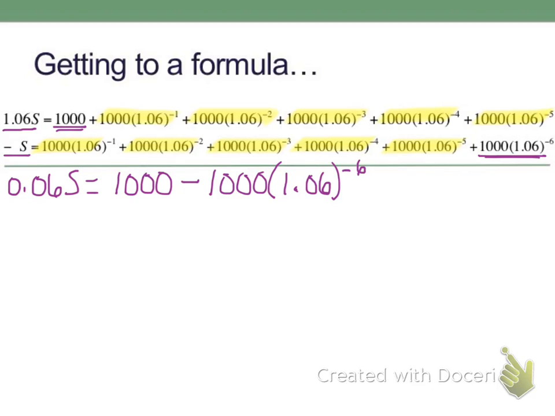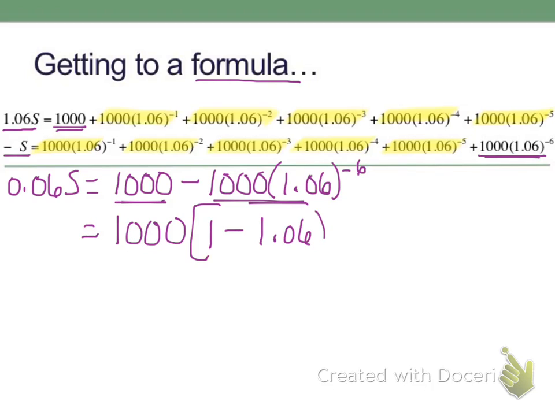And so now we do the same thing. We want to rewrite this in a way that's going to get us the formula for a present value of an annuity problem. So we're going to start by factoring out the 1,000, because again it's common to both this term and this term. And this time when I do that, I end up with 1 minus the 1.06 to the -6th. So same terms, but this time they're in the opposite order that we had from our future value.